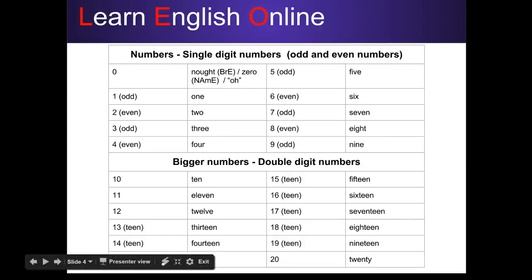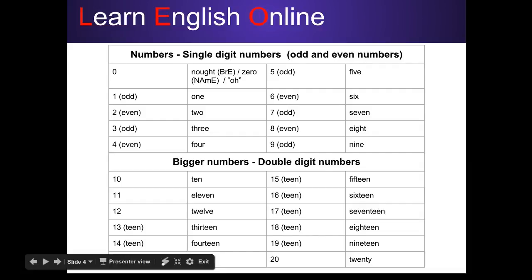And a numeral is any group of figures or symbols that show a number. So digits, numerals, numbers. Single digit numbers are 0 to 9, and these single digit numbers can be odd or even.